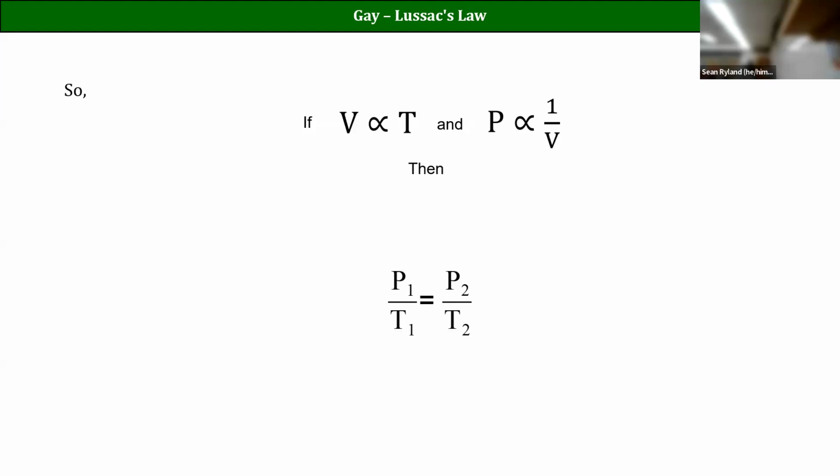The types of problems I can ask you, as long as you can recognize what the variable is, oh, that's a volume unit, then you can figure out which of these equations to use, right? And I'm not going to test you on what they're called, because that's more historical than relevant to actually solving these things. You don't need to know that this is Charles' law to be able to plug stuff in and solve.